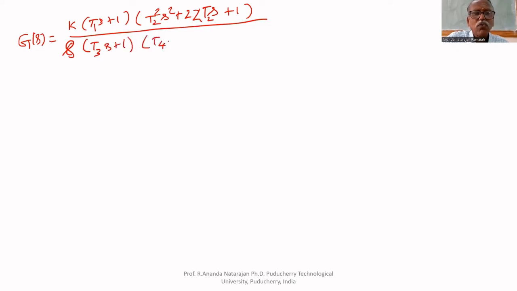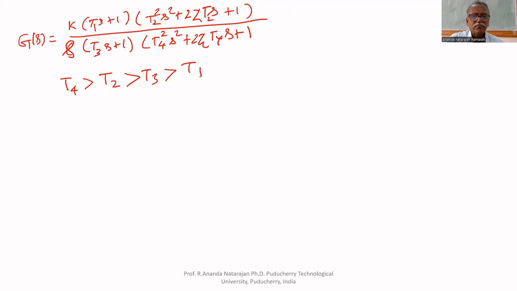This is tau 4 s square plus 2 zeta tau 4 s plus 1. 4 time constants are there. Let us assume that T4 is greater than T2 greater than T3 greater than T1.